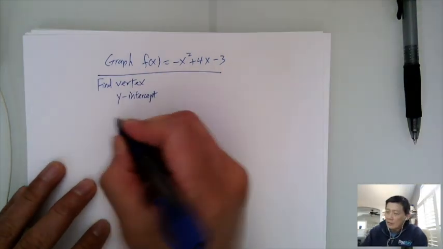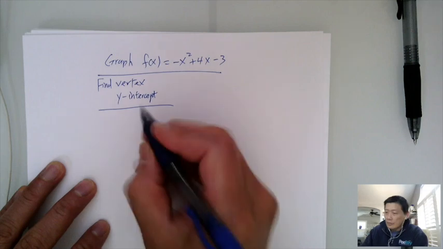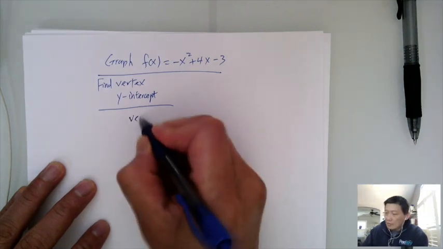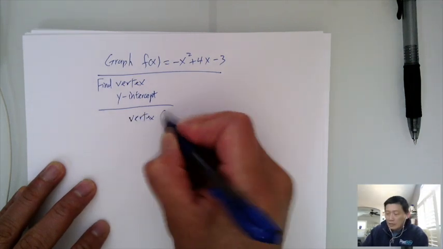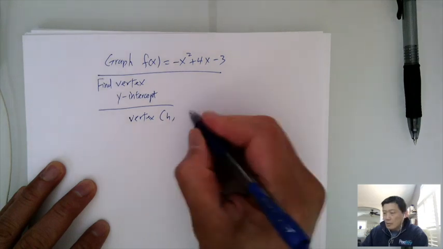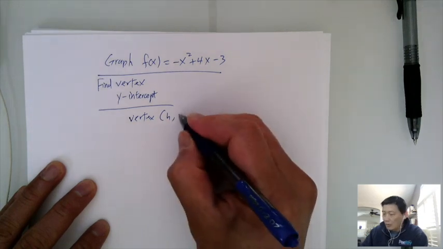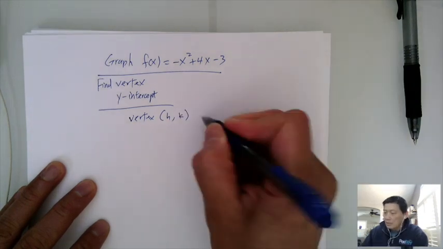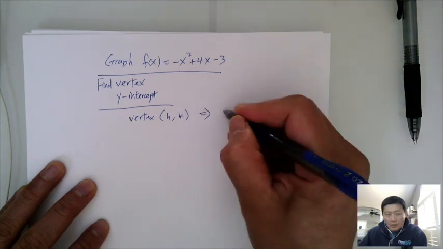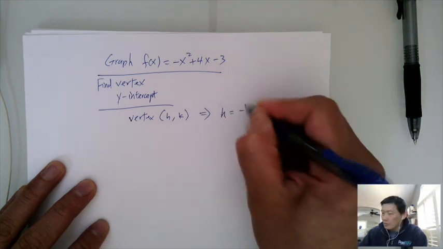Now, first of all, finding the vertex. Vertex has a coordinate, and we use the general terms h and k. We know that h is equal to negative b over 2a.